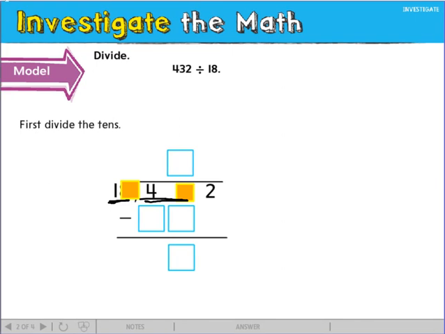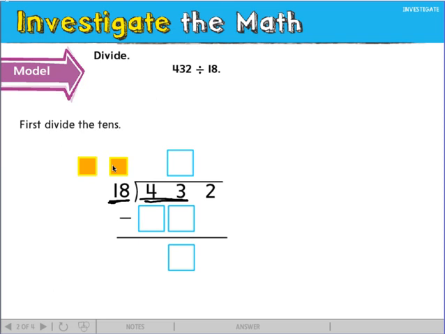Is it going to give me my exact answer? No. But I can look at this and say 1 goes into 4 4 times, right? Yes. So something close to 4 should be my answer here.